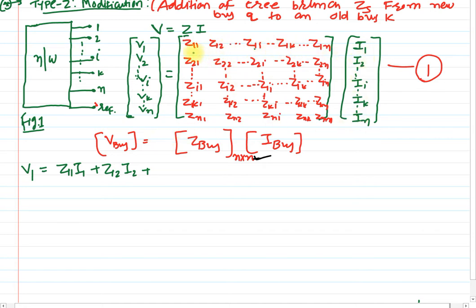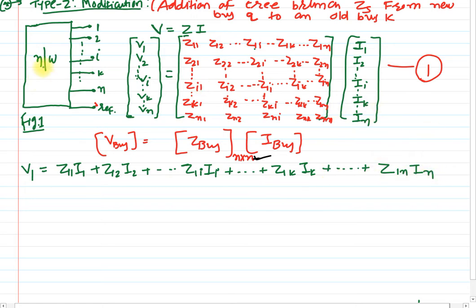Okay, so up to Z1i into Ii plus Z1K into IK plus up to the nth bus, which is Z1N into IN.